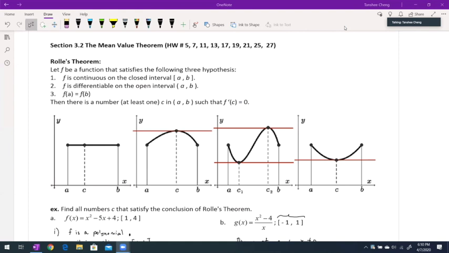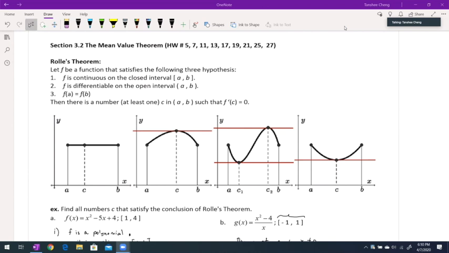And lastly, the function values at the endpoints must be exactly the same. If these three criteria are met, then Rolle's theorem guarantees that there is at least one number c between a and b such that f prime of c equals 0.